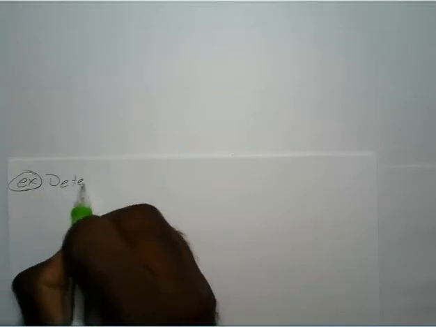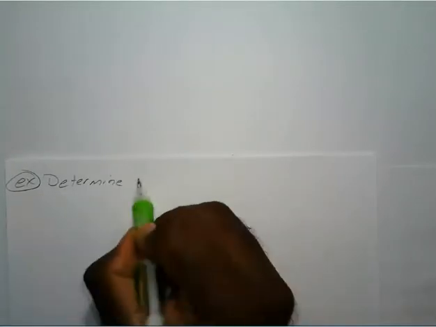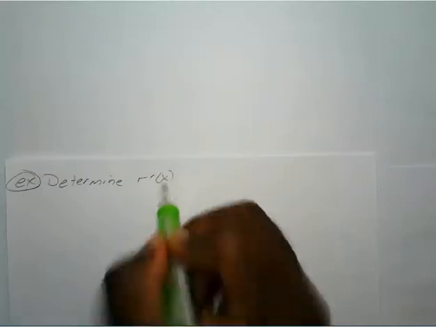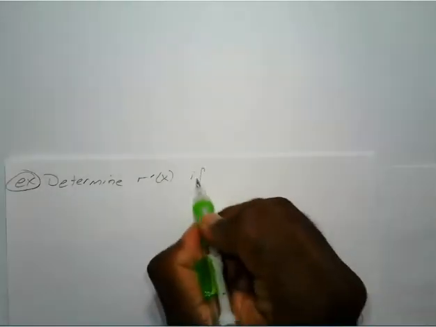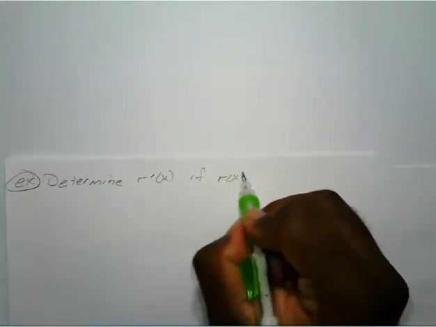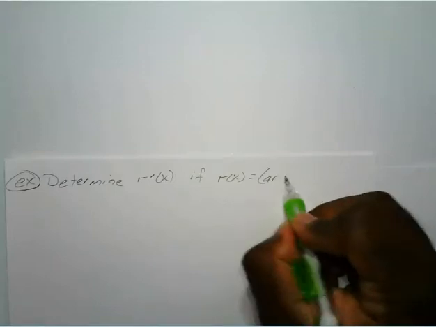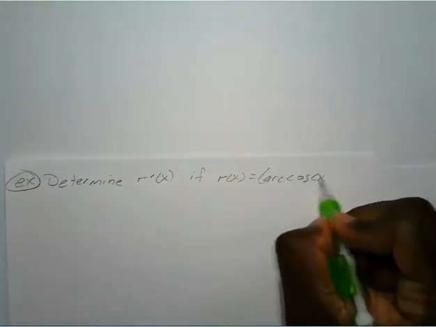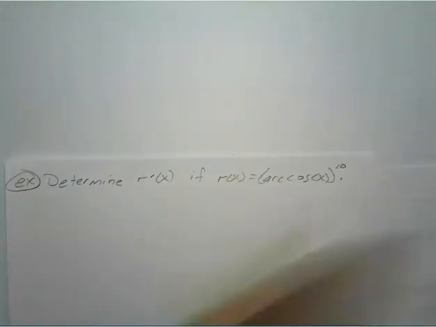Let's say for this example, we wanted to determine r prime of x if r of x is equal to arc cosine of x to the 10th power.